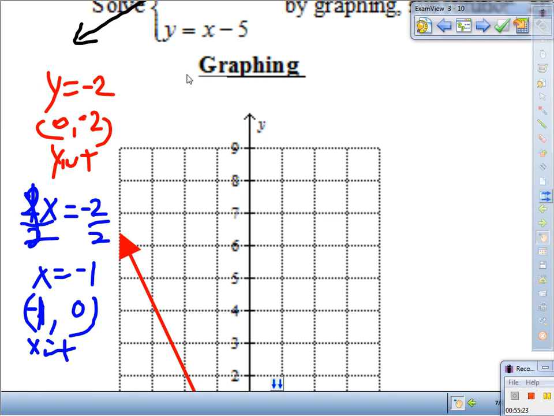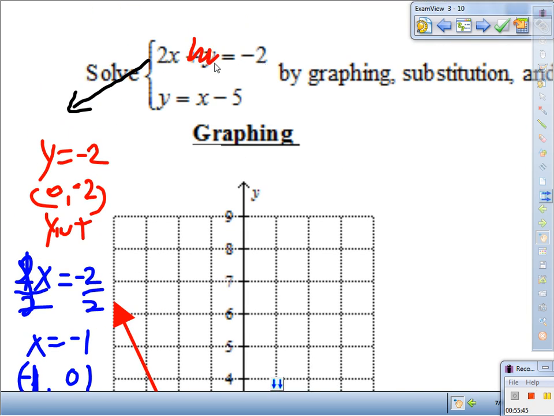The first method of solving a system is by graphing. The problem that we just did earlier, problem number 2, we graphed 3 different ways. So look at these. I need to graph these 2 equations. I already graphed the first one using the cover-up method. I need to graph the second one. What method can I use?